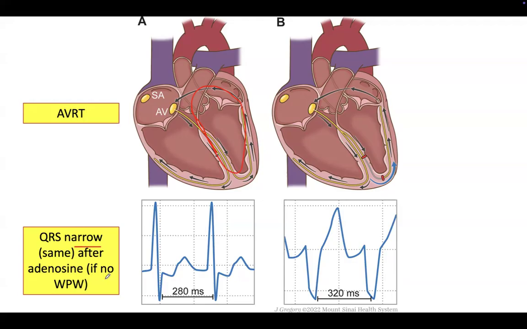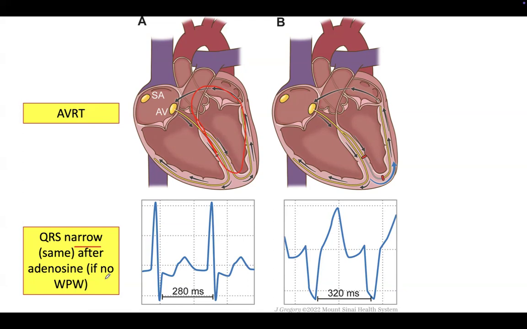Prior to adenosine, you get narrow complex tachycardia, same QRS. Unless there's WPW, in which you will get delta and widening of the QRS. Makes sense, guys? So when you get a narrow complex tachycardia, you give adenosine, and you terminate into sinus rhythm with the same QRS, this confirms the tachycardia being supraventricular in origin.